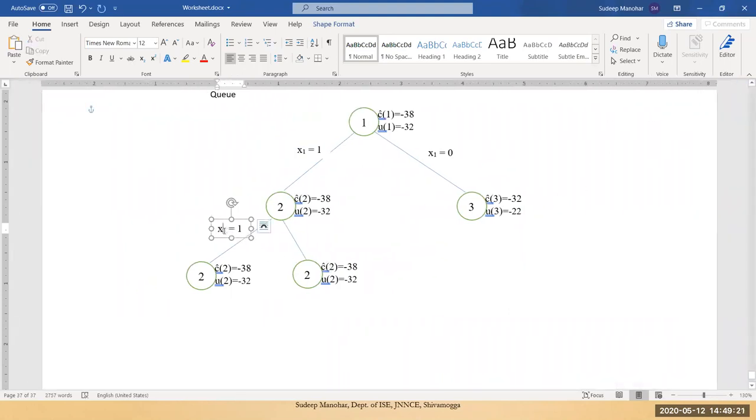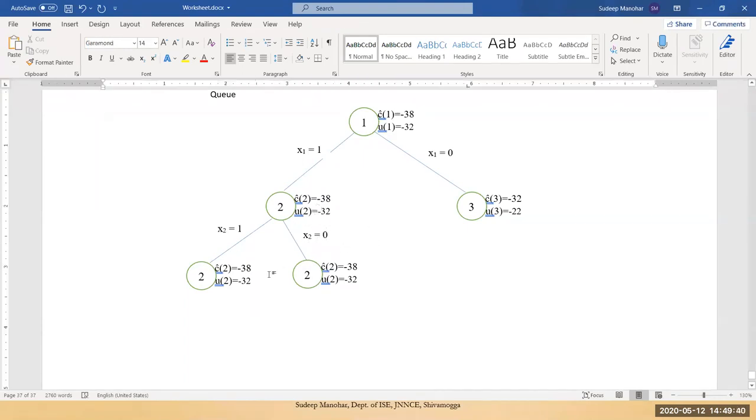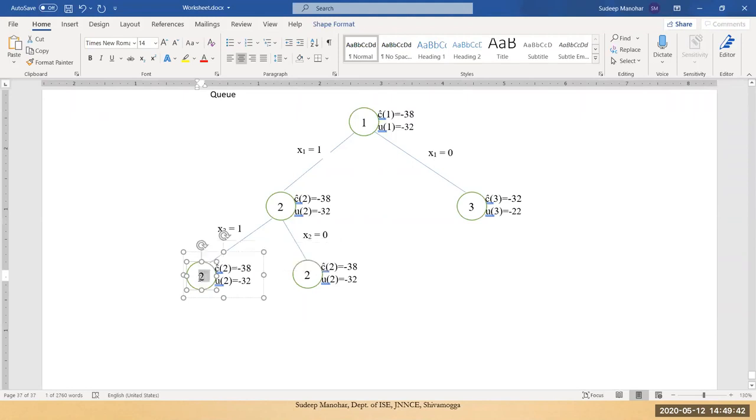So this is x2 is equal to 1. This is x2 is equal to 0. That means you have to consider x2 on the left hand side. You are not supposed to consider x2 on the right hand side. Item x2 refers to item number 2. Now let us calculate the value of this. It is node number 4. This is node number 5. We have to calculate this 4 and 5.